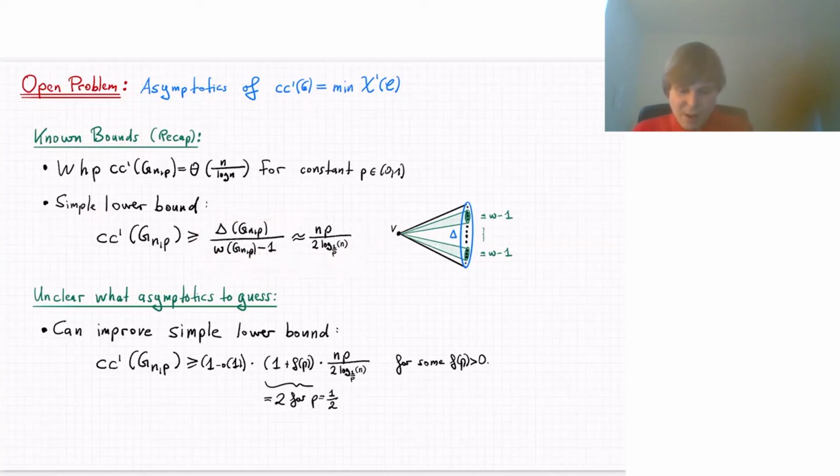So maybe once you see this lower bound and you remember how we proved the upper bound, which gives some similar expression in this hidden theta notation, then you might be willing to guess that maybe the lower bound is not too bad. But at least for constant p, the situation is more complicated. It turns out that you can do better. You can improve this simple lower bound using some other argument.